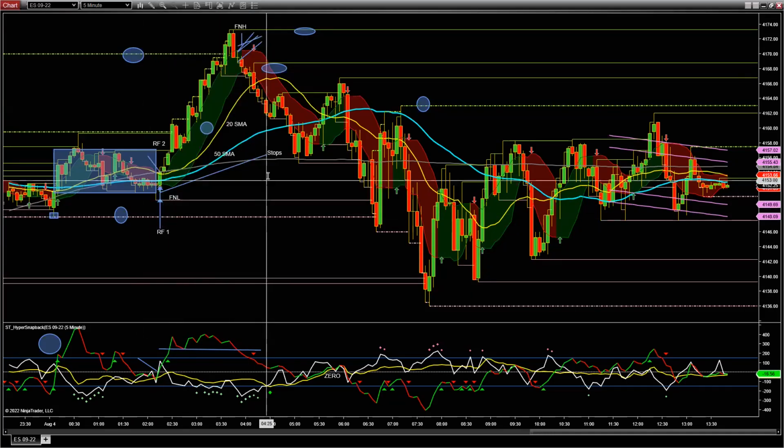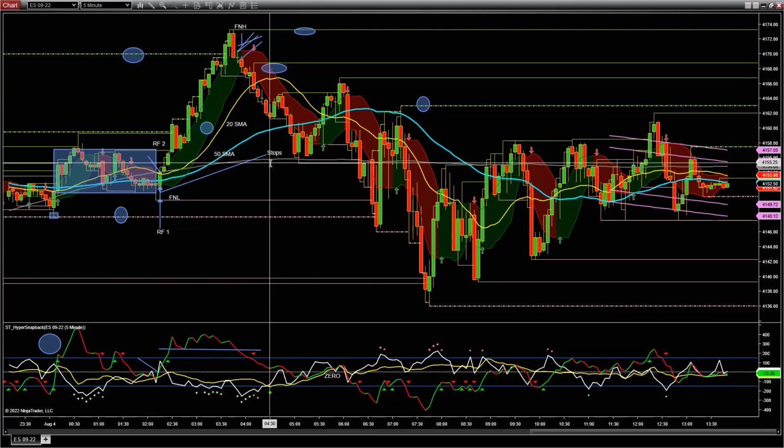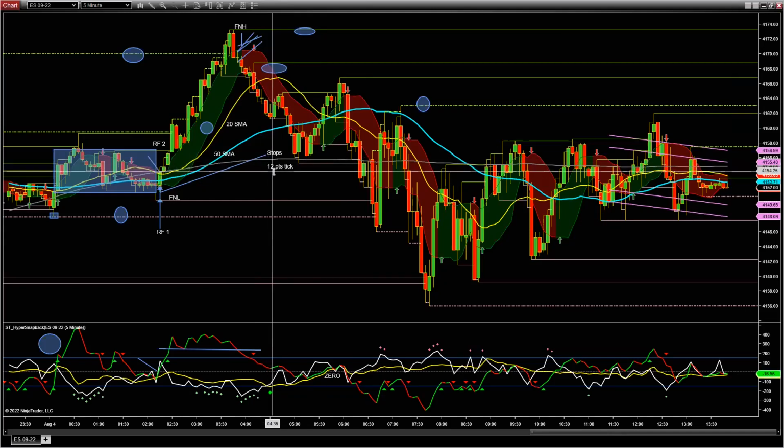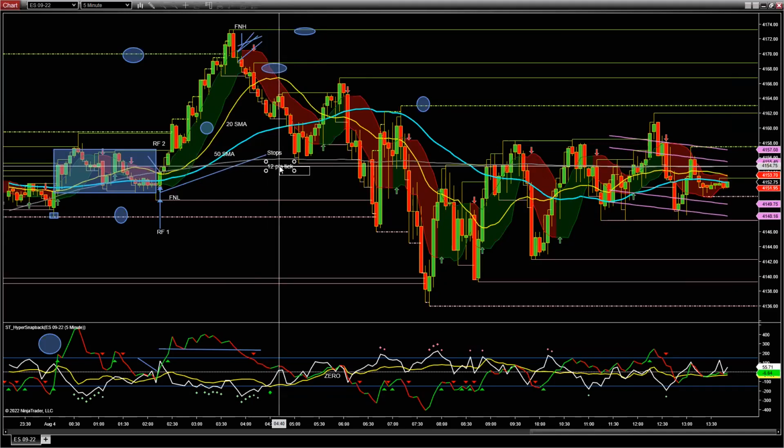That's just what I like to do, but sometimes when the market gets volatile, we can use a momentum band to visually have a stop. And we'll get into that right now. So it's 12 point, actually we'll just do 12 ticks. I'm sorry.